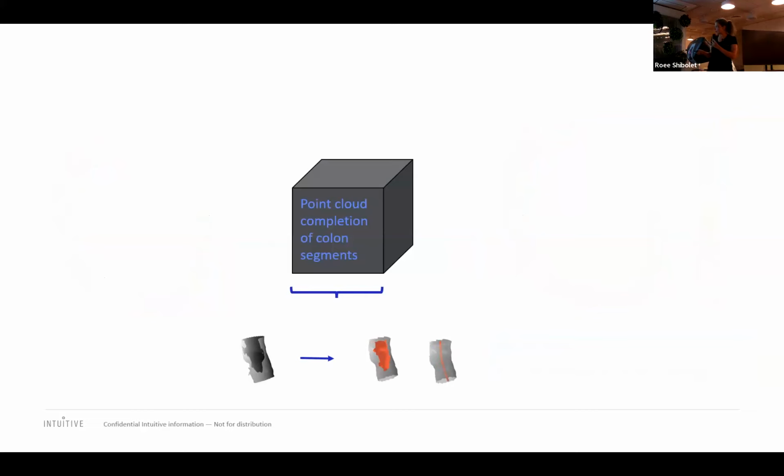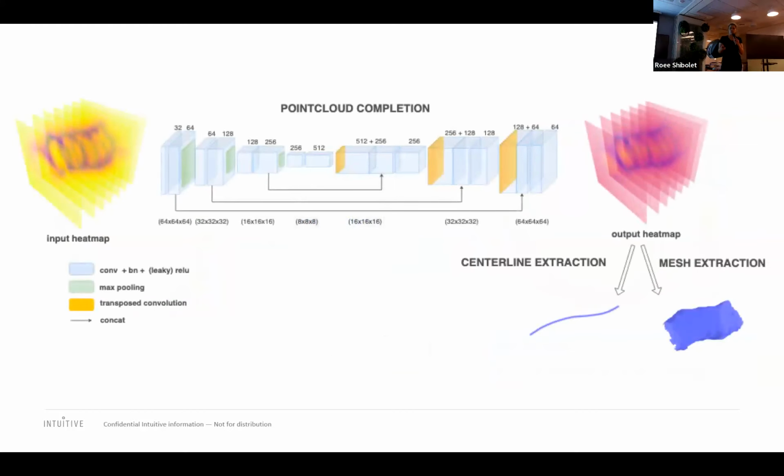Okay, so I'm going to go now into this box and try to show you what our point cloud completion network looks like. One of the main characteristics of this network is its input and its output.